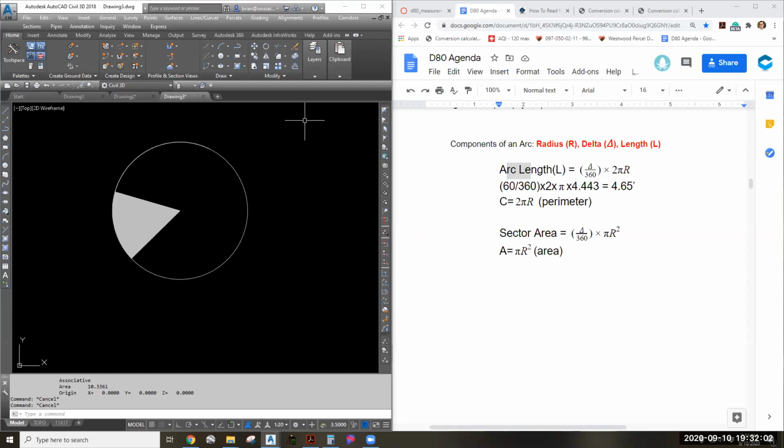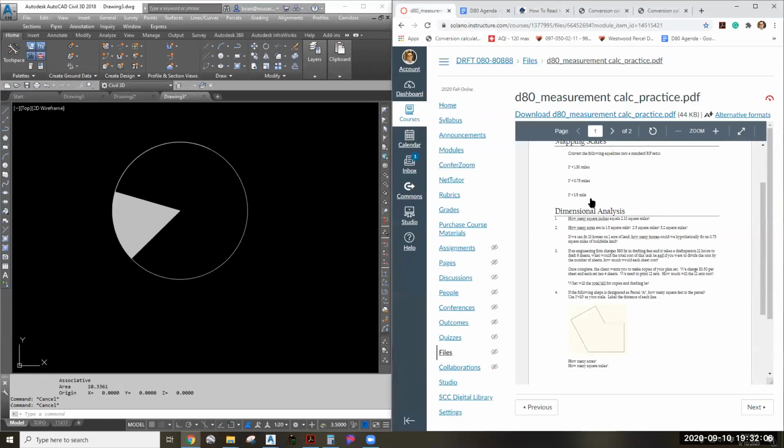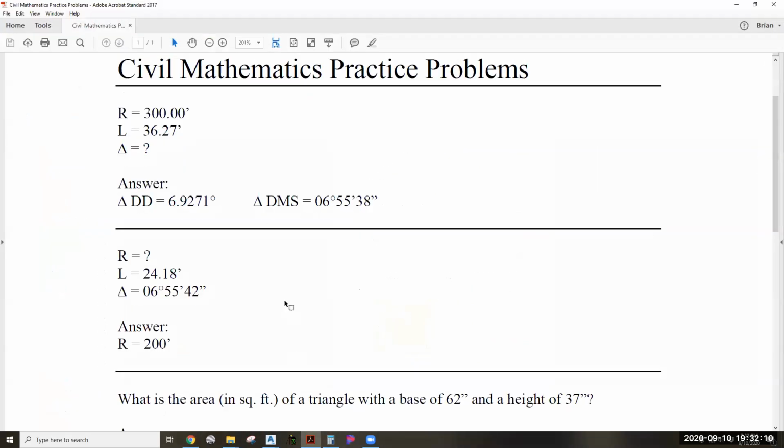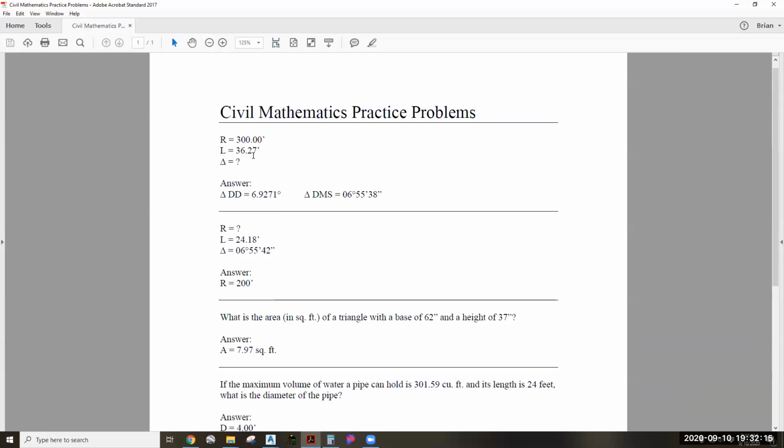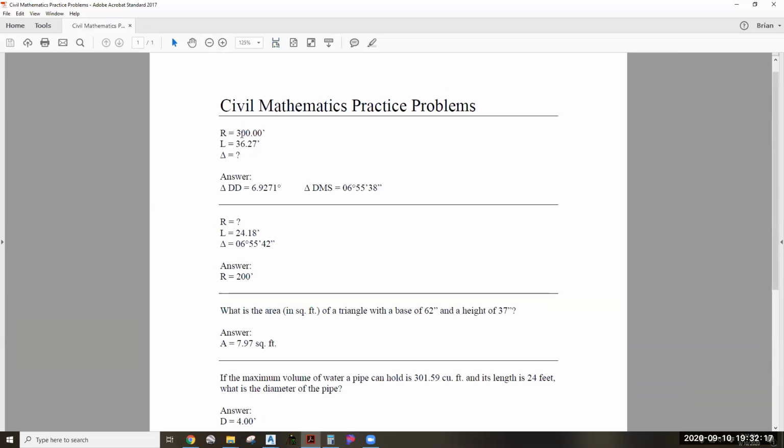Okay, so if you look at your, I gave you this math practice. You should be able to now go through finding radius, delta, length.